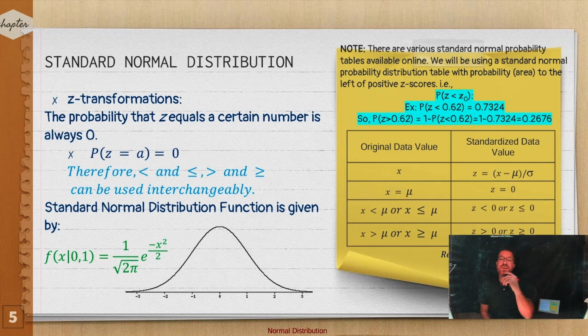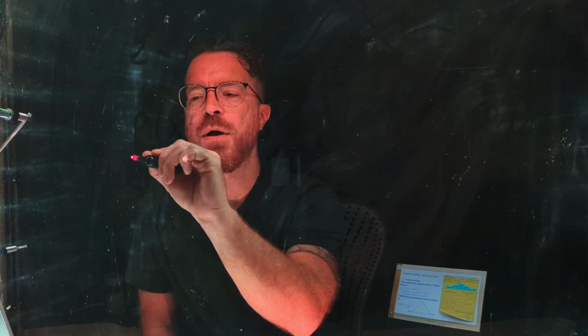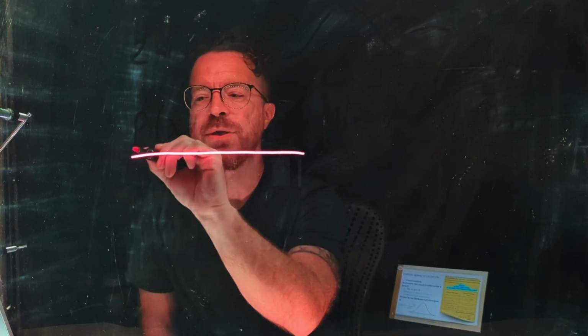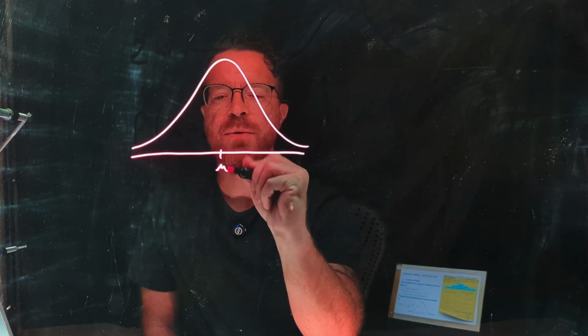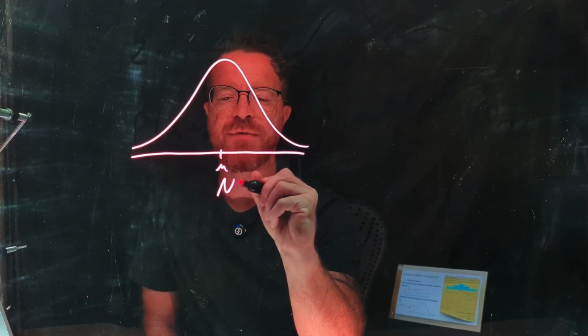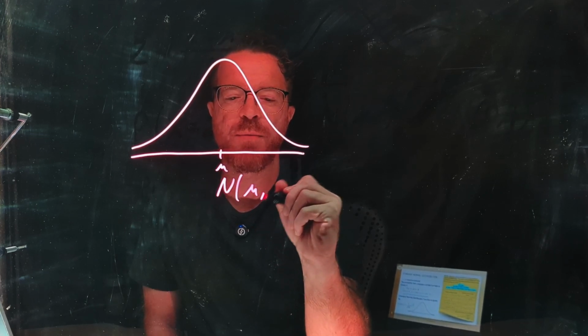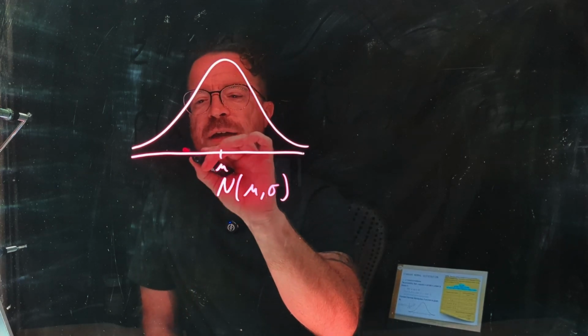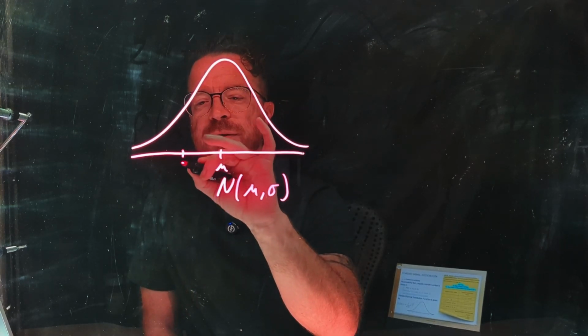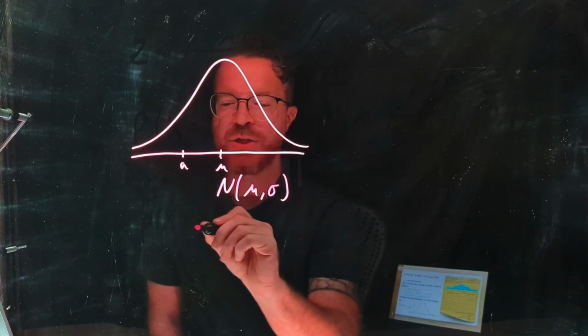Let's talk about what this actually looks like when we do our z transformation. So if we're on a normal distribution, which is centered at some point mu and has a standard deviation of sigma, so this is normal with mu and sigma, if we had some value to the left and we do our transformation, right?